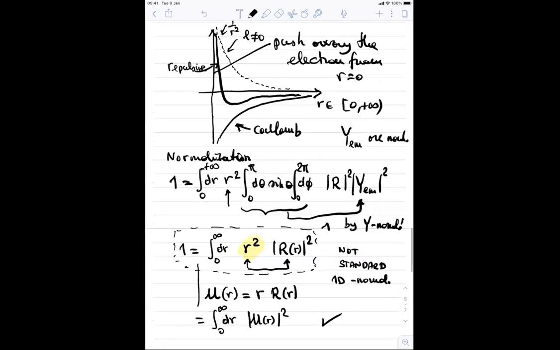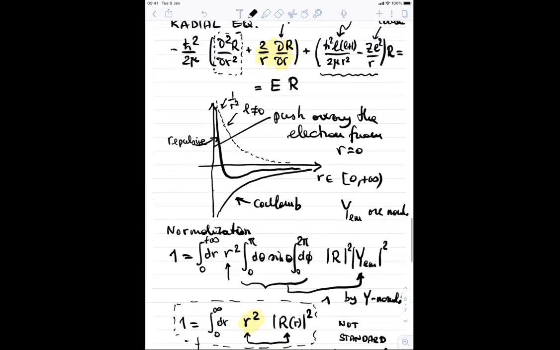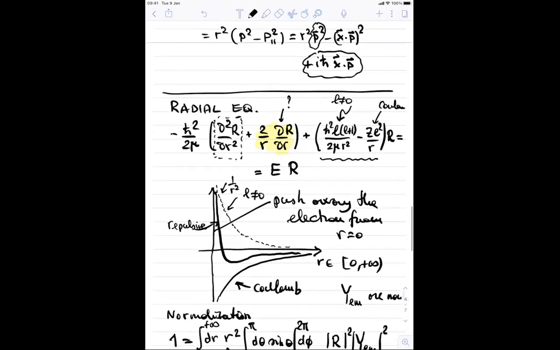Now I define this new function, which is the product of r times R, and it looks like a trivial thing to do, right? I just get u squared. Fine. Now look at the very interesting algebra.